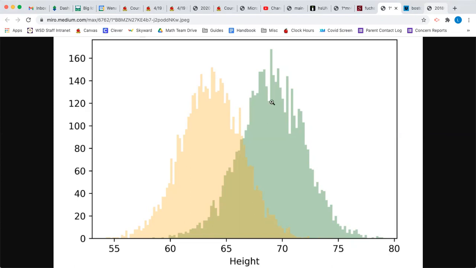For men, it looks like that average height is like 69 inches, maybe 68 and a half. That's around 5'9". And for women, it looks like it's closer to 63 inches. So that would be 5'3".